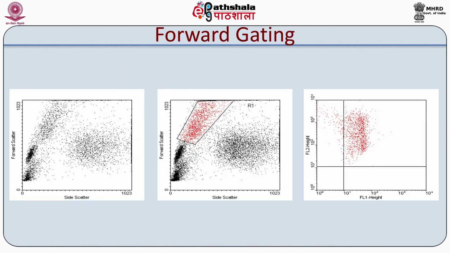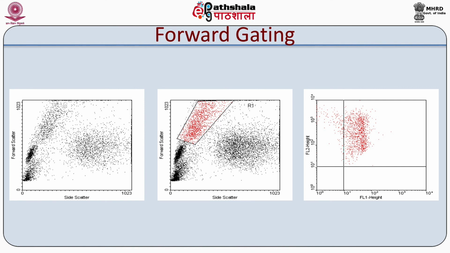Now forward gating refers to a hierarchical approach starting from the raw data FCS file, as shown in the left diagram, based on forward and side scatter. A manual gate can then be drawn to define the monocytic population in this case, and further based on some fluorochromes, FL1 and FL2.